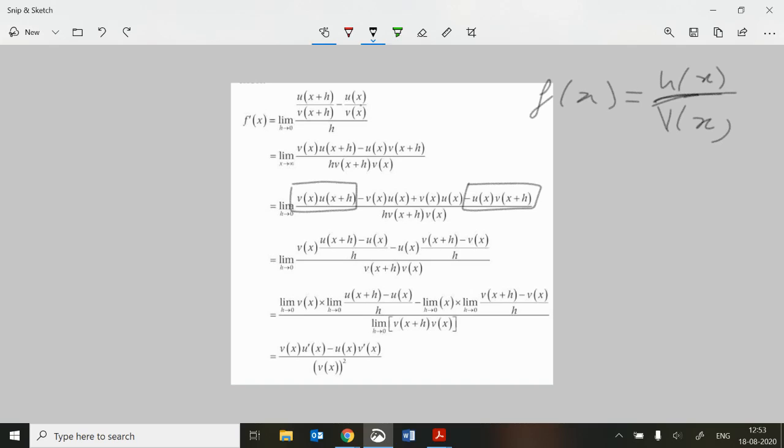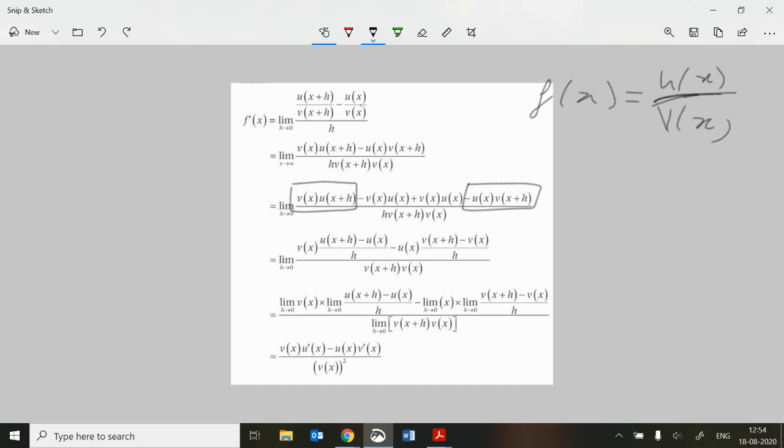Okay, so we need this term here to combine with that. We take v of x out of that, we end up with this and this. Now, if we subtract that term here, it turns out we just need to add that term as well, of course, to make it the same thing. And then, of course, you can see that there you can factorize out u of x. And in fact, if you factorize out minus u of x, you'll end up getting plus this and minus this.